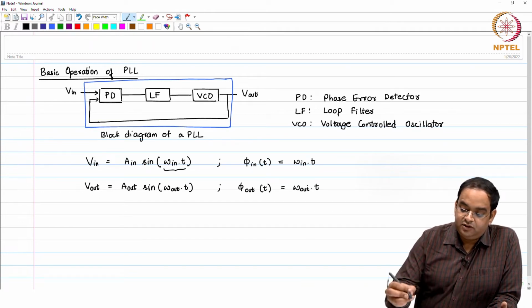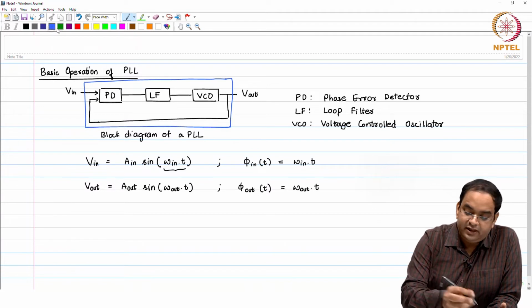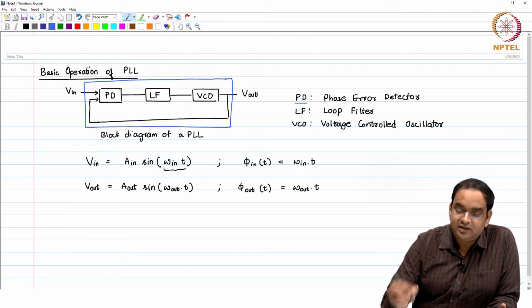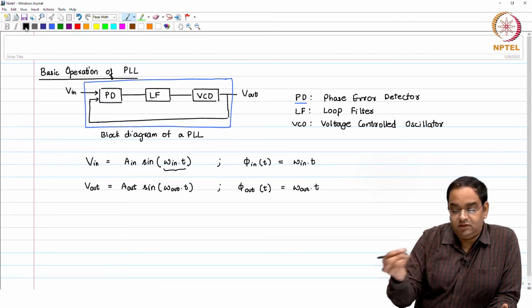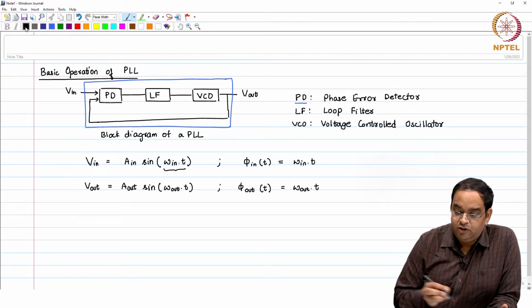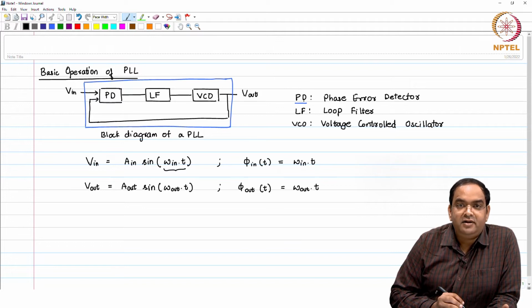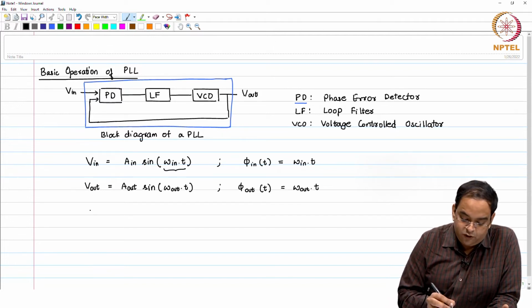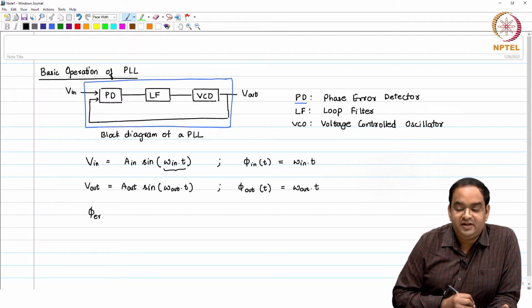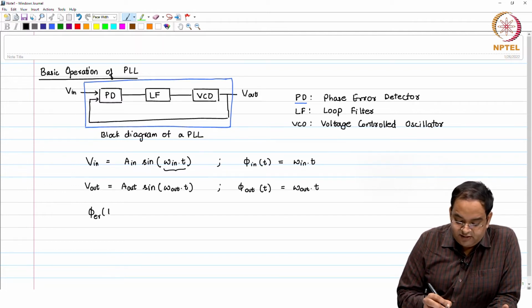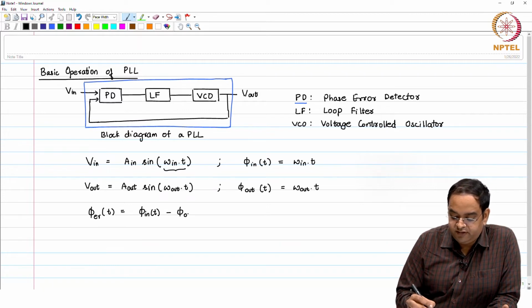This block, the phase error detector, somehow, we do not know how, computes the error between the input and the output phase. I define a term called phase error. The phase error at any given instant of time is your input phase minus output phase.